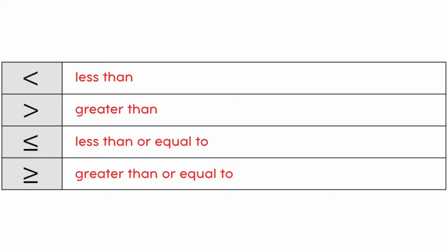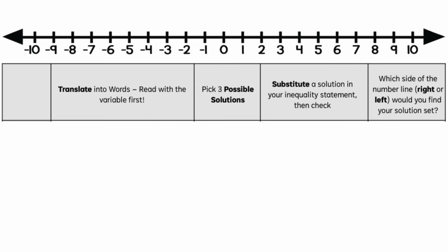Now we are going to practice some inequality problems. Notice that there is a number line on the top of your page. You can use that especially for finger placement. So what we're going to do is look at the inequality that is given to us. We will translate it into words. When you're translating, always read your inequality with the variable first because it makes more sense.